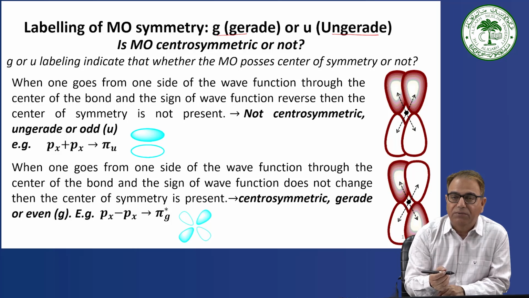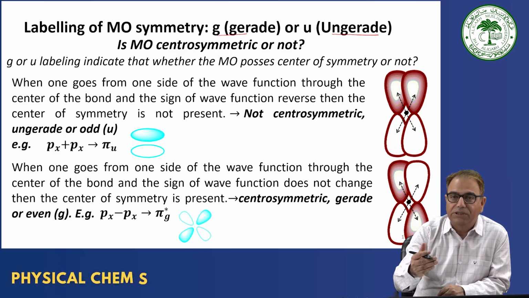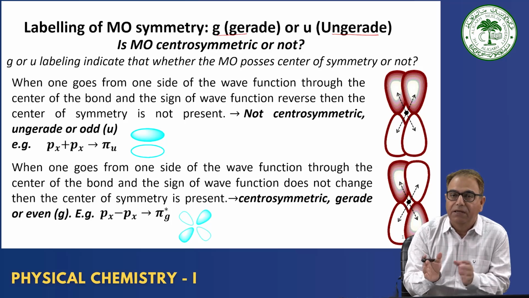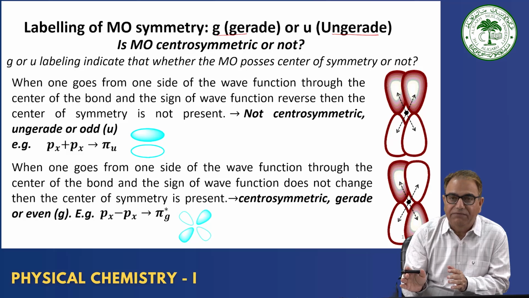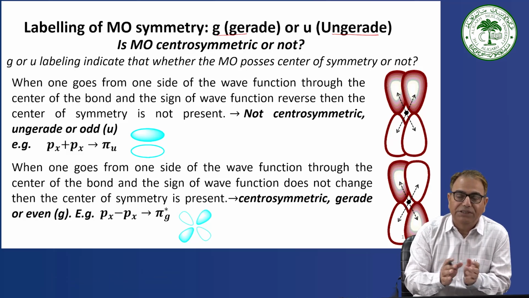From the center, you move along positive x, negative x, positive y, negative y, positive z, and negative z, in both directions. If you get the same sign of the wave function on both sides, then we say it is centrosymmetric and give it the symbol g, gerade. If it is the opposite sign, it is called ungerade, or not centrosymmetric.